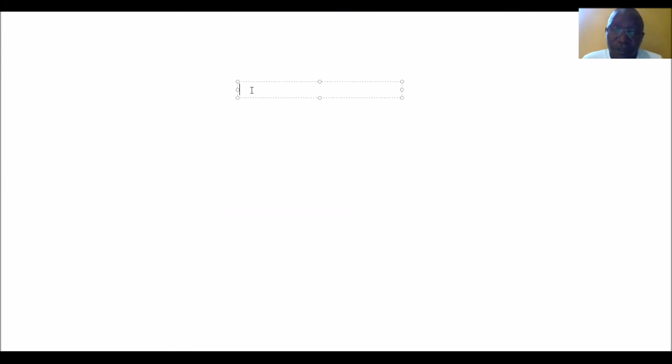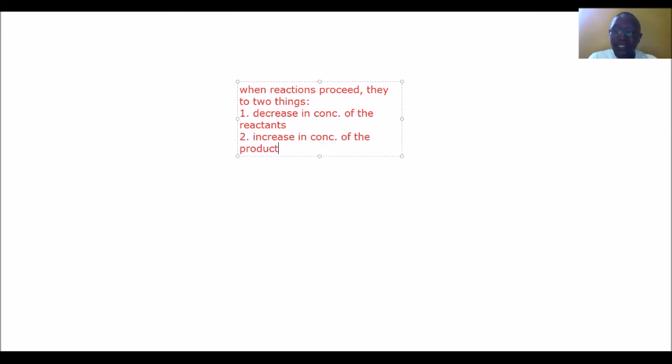When the reactions proceed, they lead to two things. One, decrease in concentration of the reactants. And number two, increase in the concentration of the products. So this is what I'm saying. And I think this one beats logic, because the particles in the reactant side will waste themselves in forming particles in the product side.